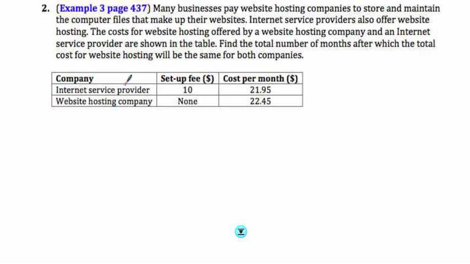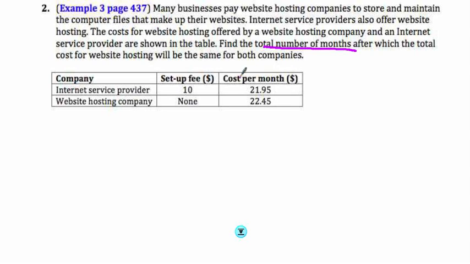So we have an internet service provider who offers the service, and a website hosting company, and the costs are provided in the table below. What we want to do is find the total number of months after which the cost for website hosting will be the same.